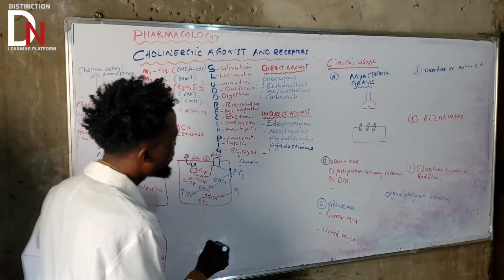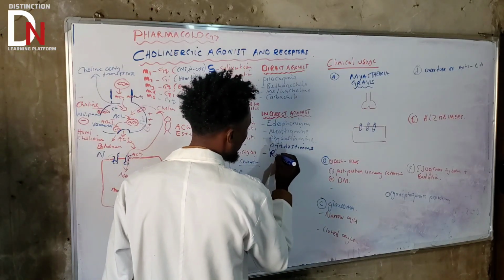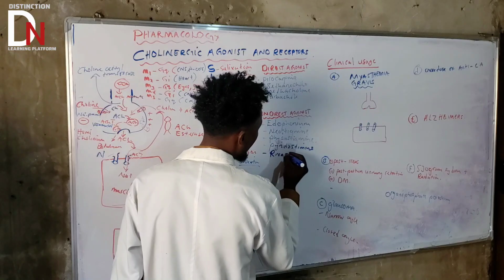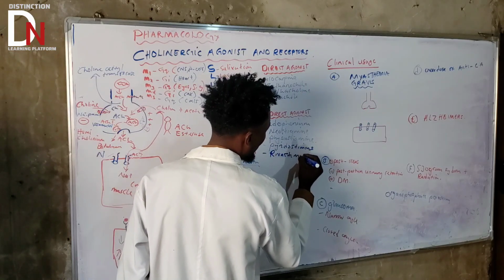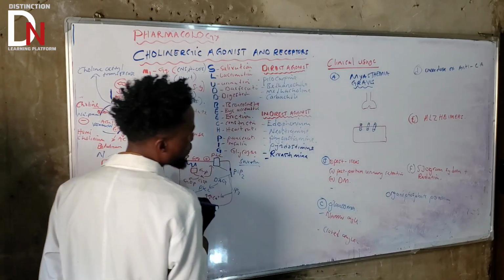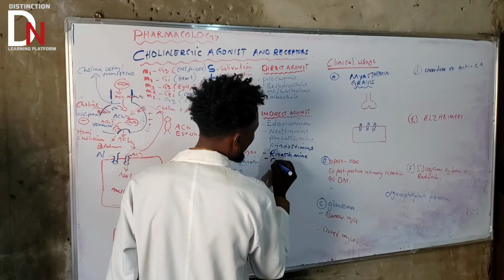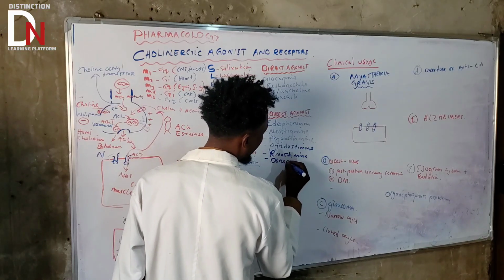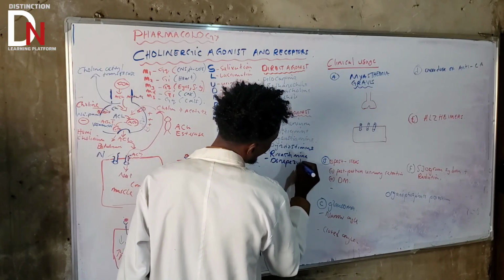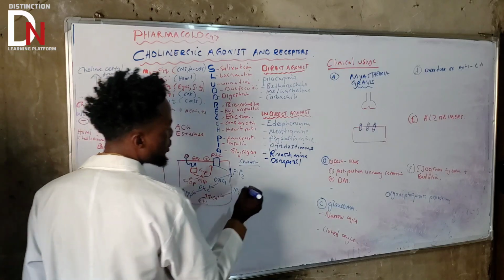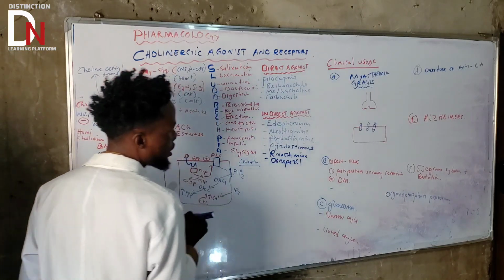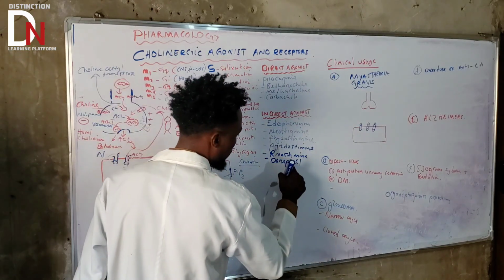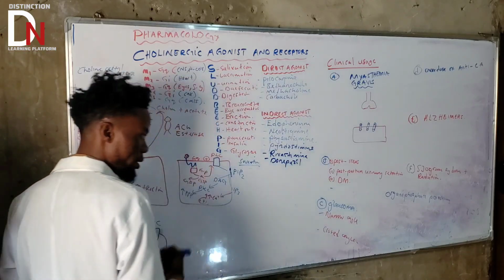Apart from pyridostigmine, there is also rivastigmine. There is also another one which we call donepezil.